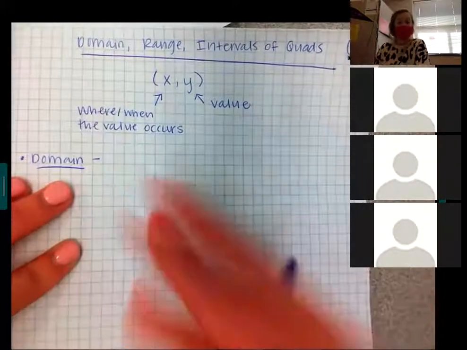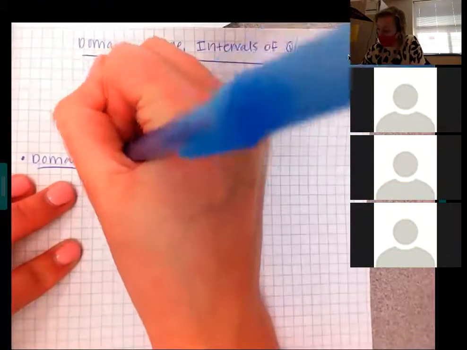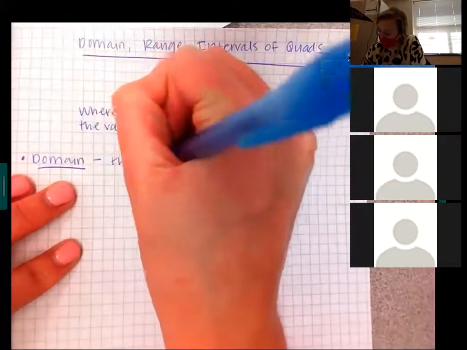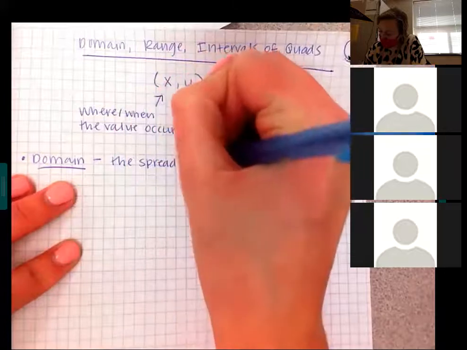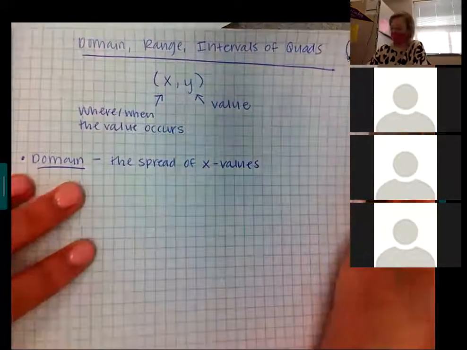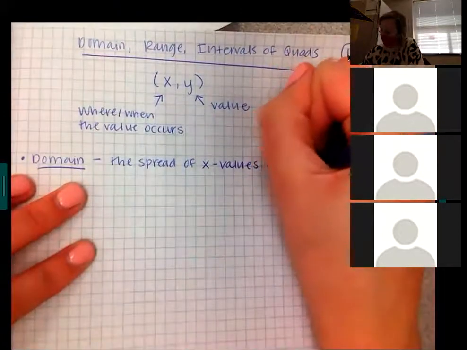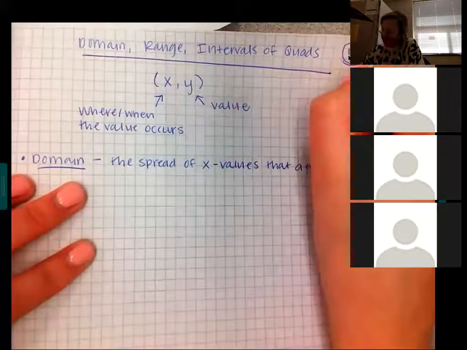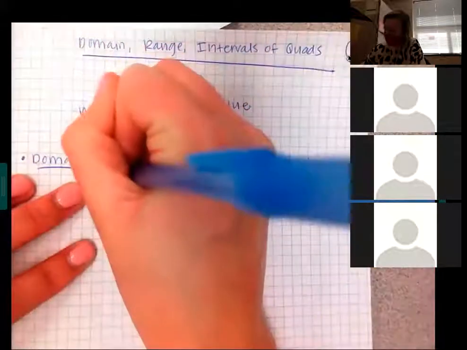Okay? So the domain, the definition I'm going to give y'all is the spread of X values that a graph contains.